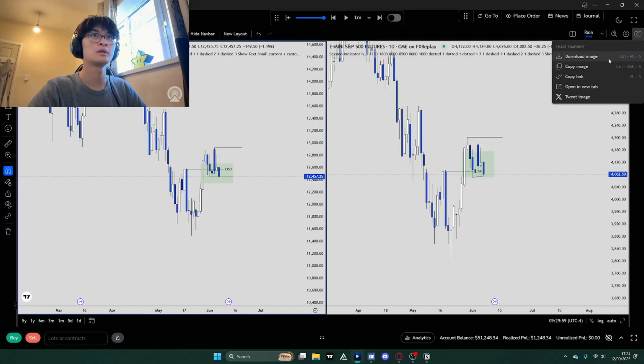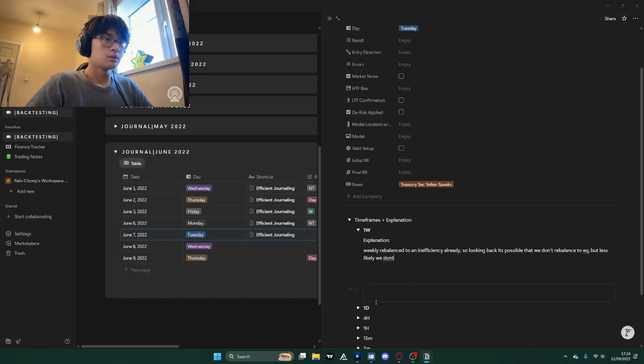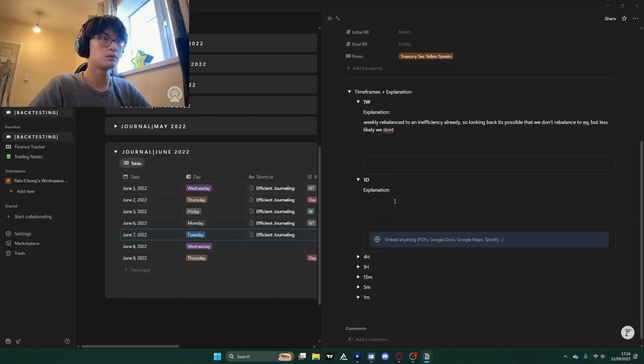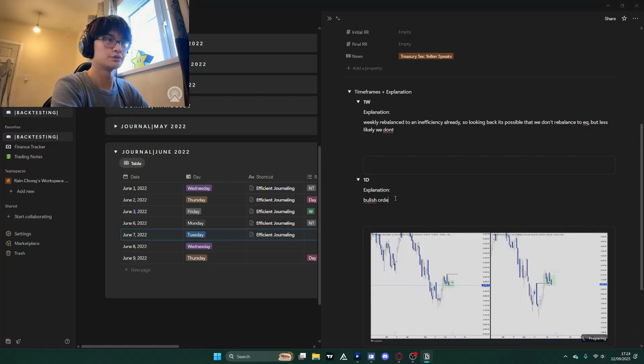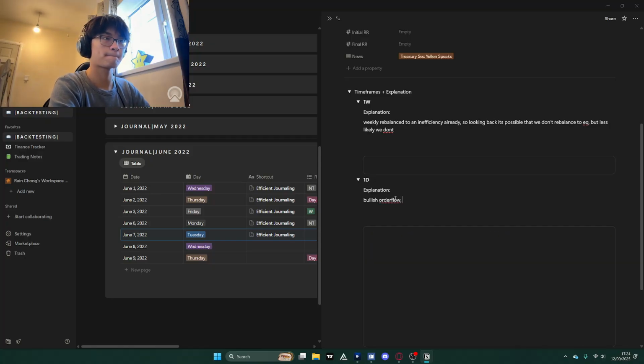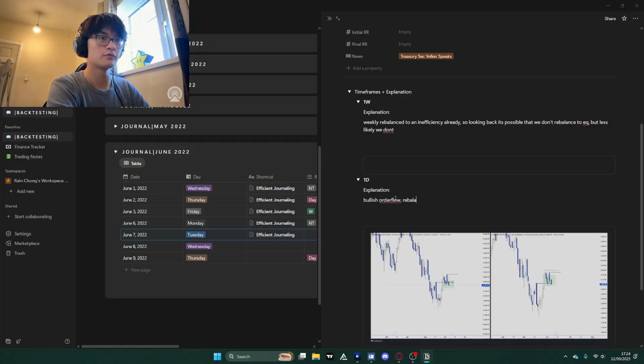Daily. Bullish order flow. Rebalancing. Oh wait, not rebalancing. Trading inside a busy and inside a CISD.